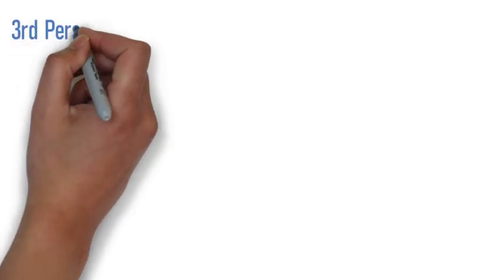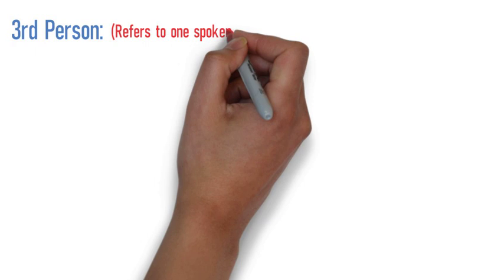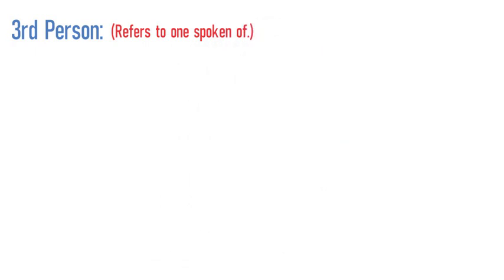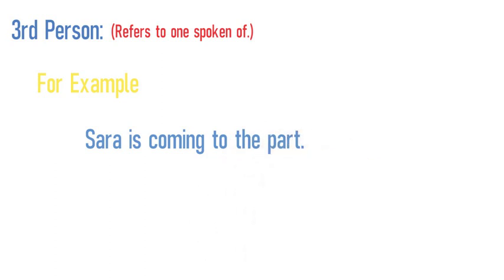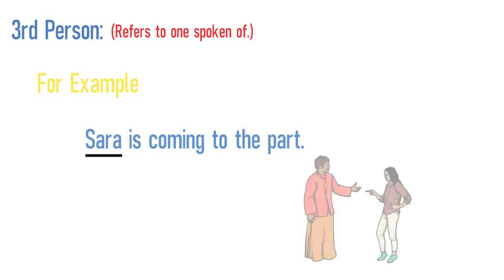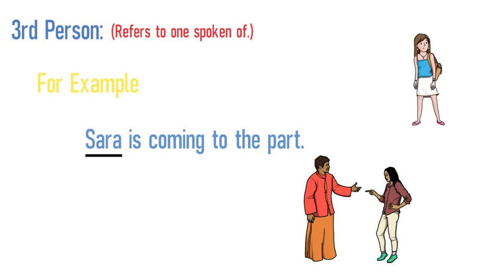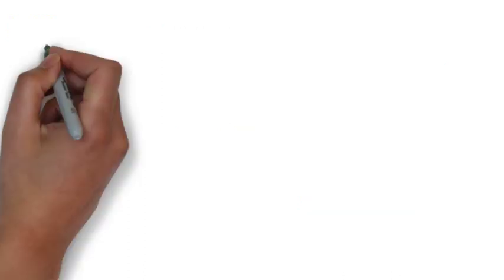Third person. Third person refers to one spoken of. For example, Sarah is coming to the party. In this sentence, Sarah is a third person. In the given information, two persons are talking about the third person who is Sarah, who is not present. So it is the third person.